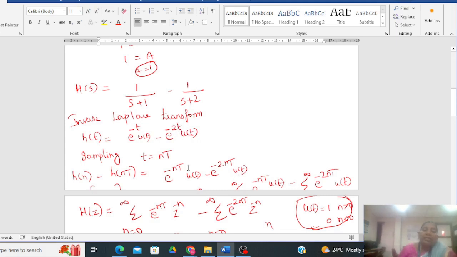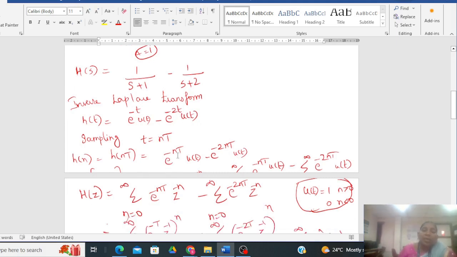Then the next thing is we have to apply the Z transform. So u of t is nothing but a unit step signal. It is 1 for n greater than or equal to 0, 0 for n less than 0. So according to the Z transform, the formula is summation n equal to minus infinity to infinity x of n z power minus n. So x of n is nothing but this term.